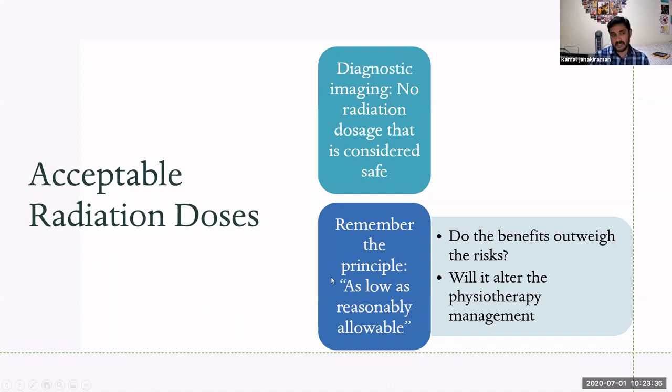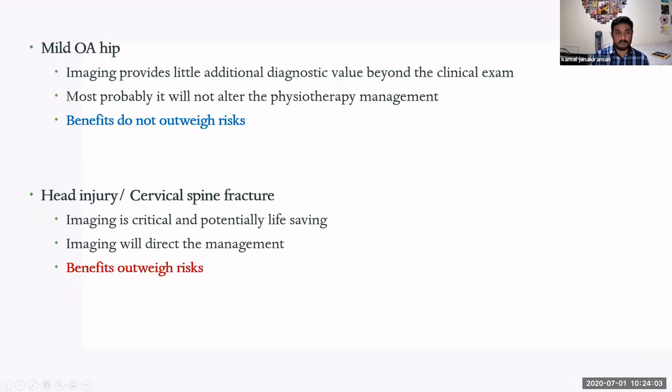So when you're sending someone for imaging, these two questions should always come to your mind. Do the benefits outweigh the risk? Will the imaging alter the physiotherapy management? These two things should always be in your mind when you're going to prescribe imaging for a patient. If your answer is no for both, then you don't have to refer for imaging.